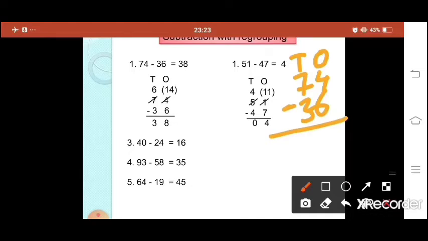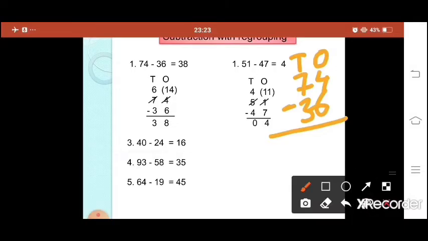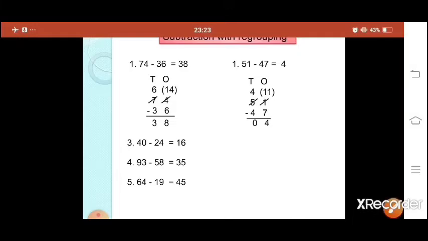But if you observe the unit place, 4 is less than 6. So how can it be subtracted?